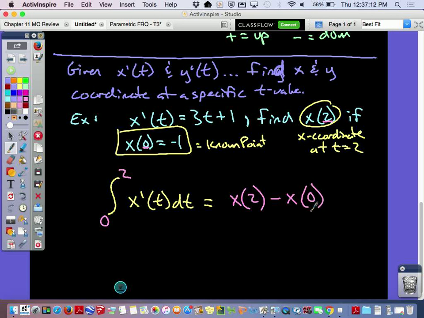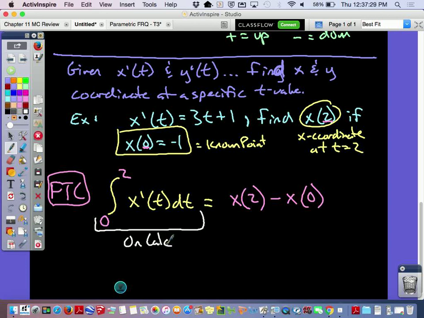This should, of course, look familiar. This is the fundamental theorem of calculus. This allows us to find x sub 2 without having to do an antiderivative. So this number you can find on your calculator. x sub 2 is what we're looking for, and then you could plug in negative 1 for x sub 0.